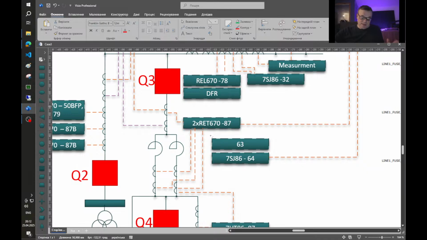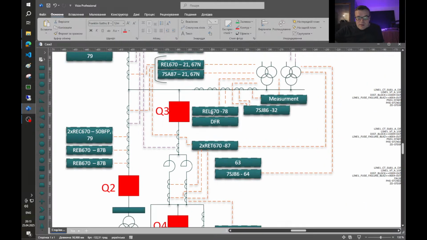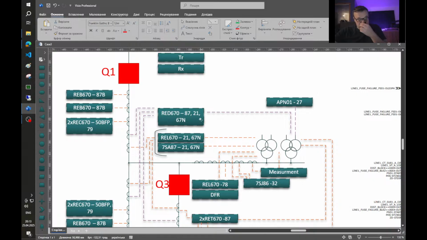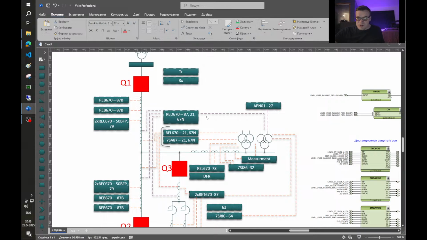Each IED has two differential protections. Also, the bushing insulation control is implemented in Siemens relay 7SJ86. The autotransformer protection is based on REL 670. The main protection is RED 670, but it utilizes an optic channel.